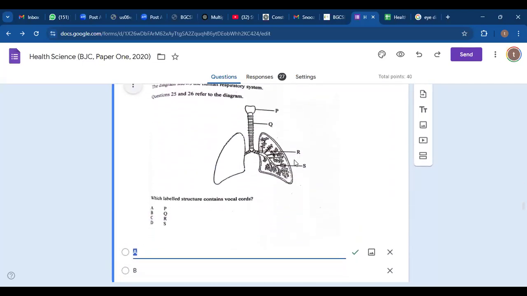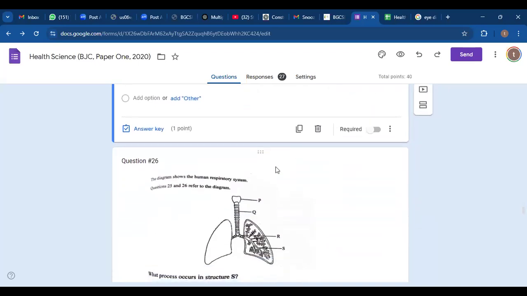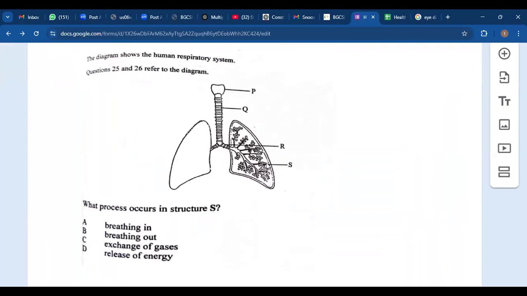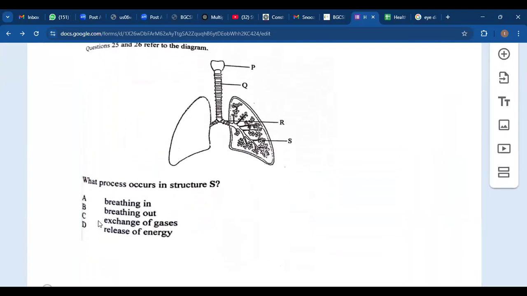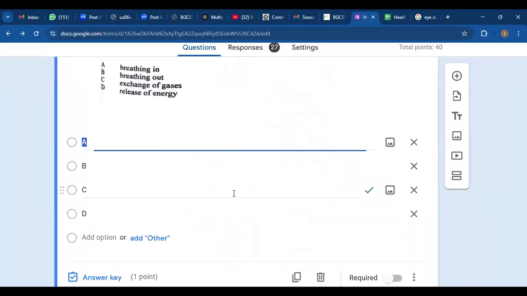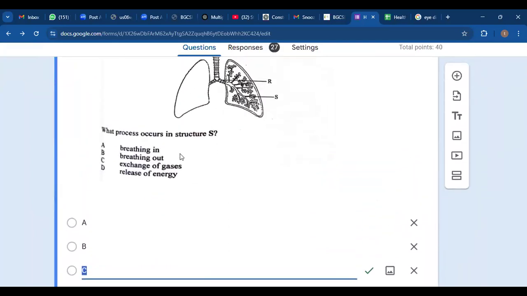Number 26. What process occurs in S? C. S is going to be exchange of gases. Thank you. Where's my cookie? Virtual cookie.